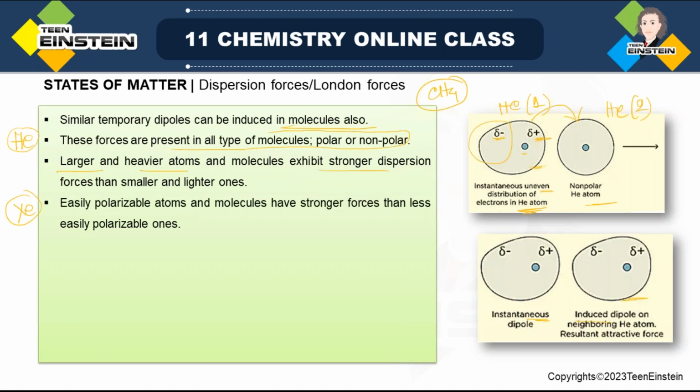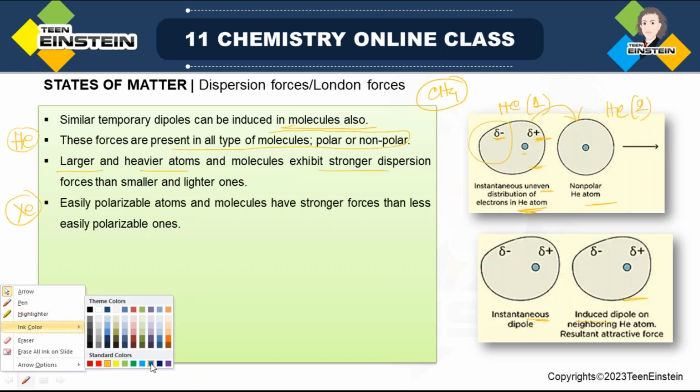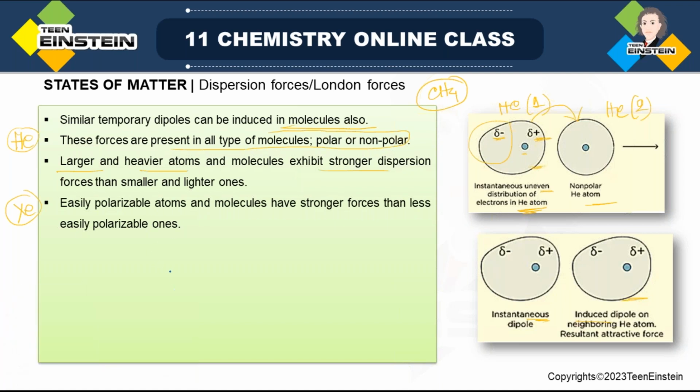Then easily polarizable atoms and molecules will also have stronger forces than less easily polarizable ones. Polarizability and polarizing power are terms we have already learned in Fajan's rule, in the chemical bonding chapter. So we know how to understand in which case polarizability will be high.